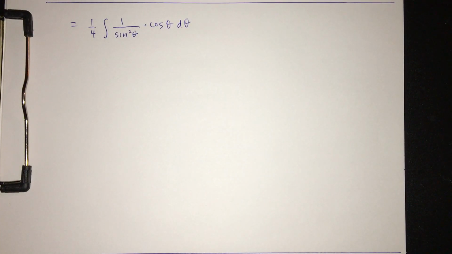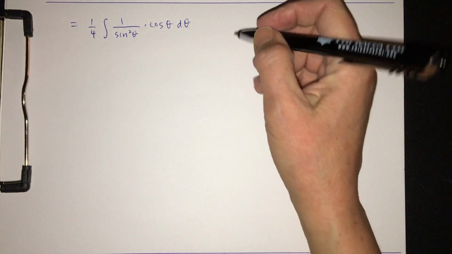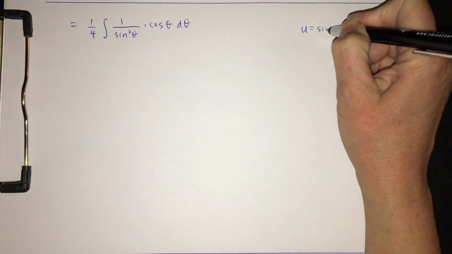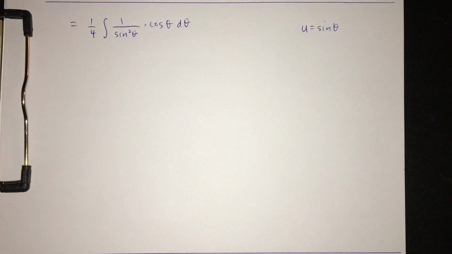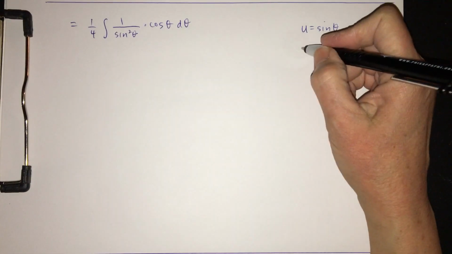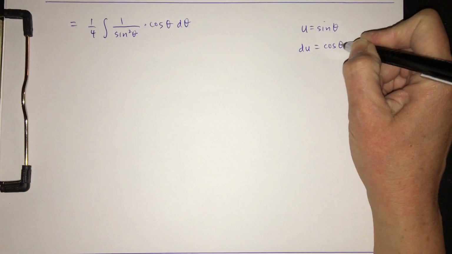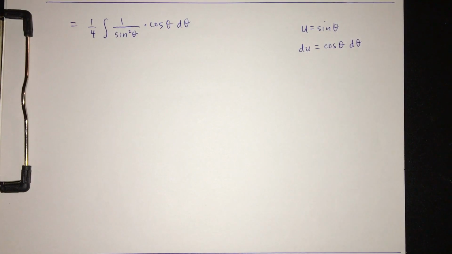This is now a U substitution problem. And I can say that U equals sine theta, and then the derivative of U, the derivative of sine, is cosine. Du is cosine theta d theta.